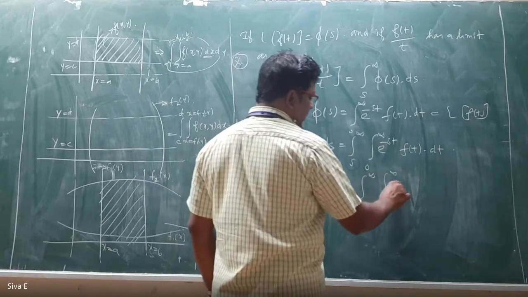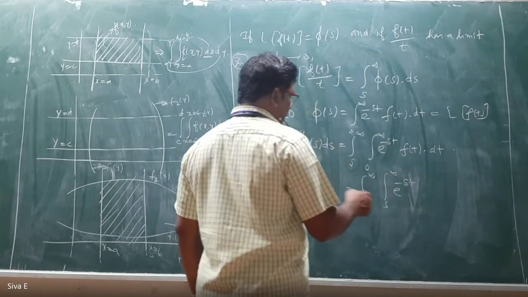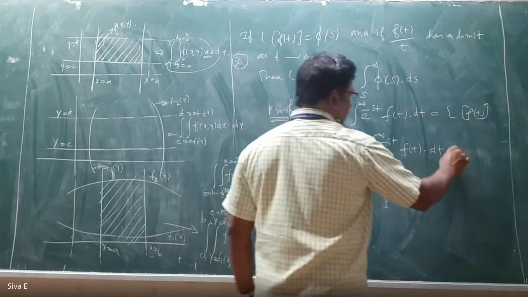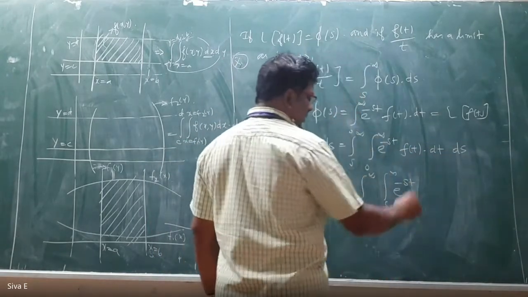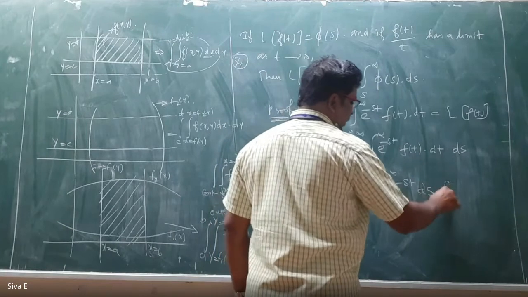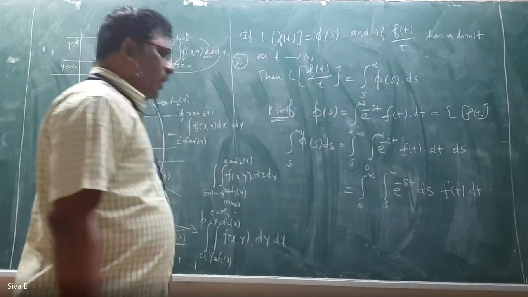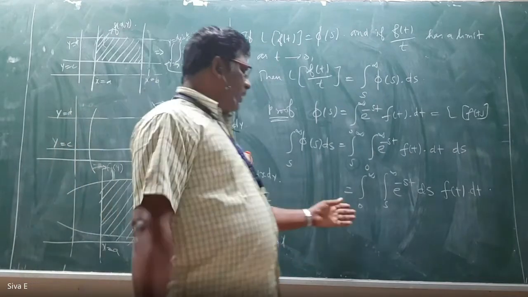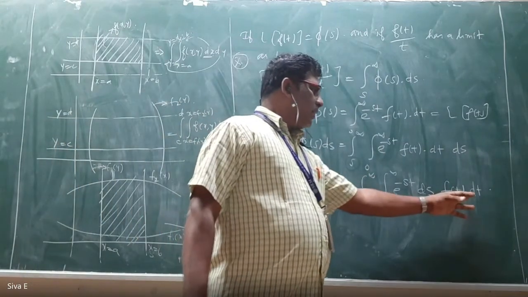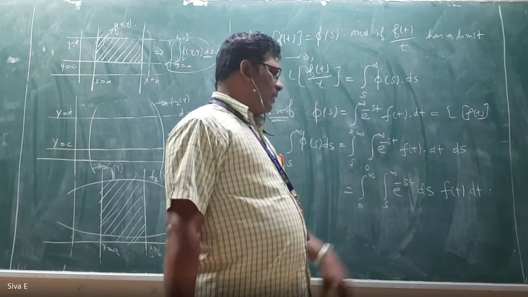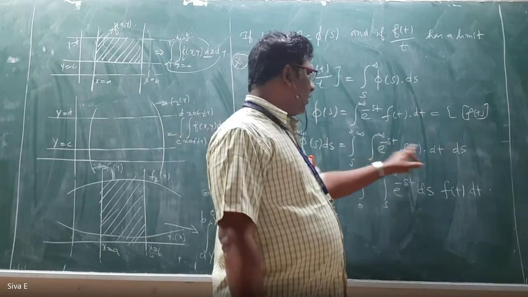e power minus st. But when you integrate this here, you have to write the ds also. So ds, what is remaining? f of t dt. Anyway, that 0 to infinity is not connected with the dt, so we can write separately. Only s is connected with the ds.